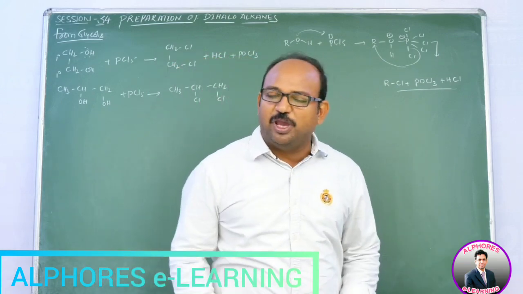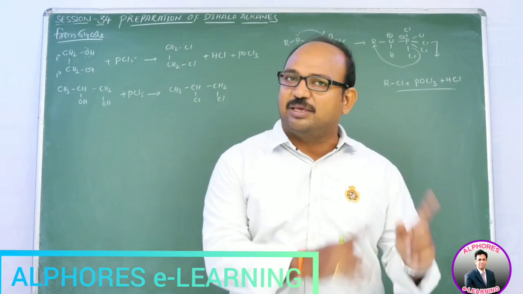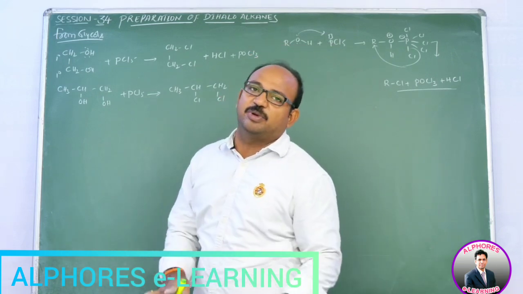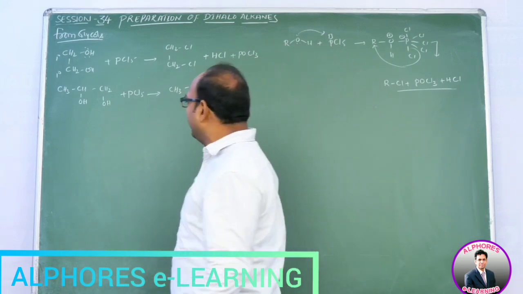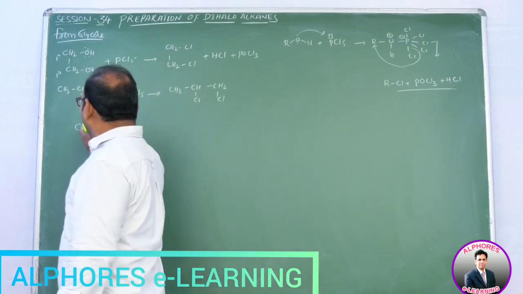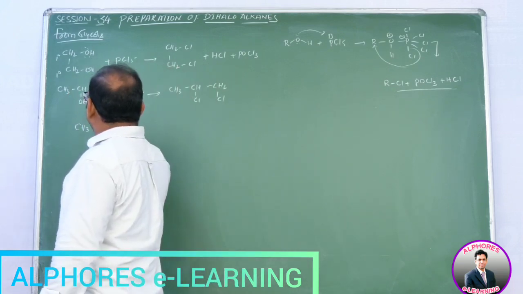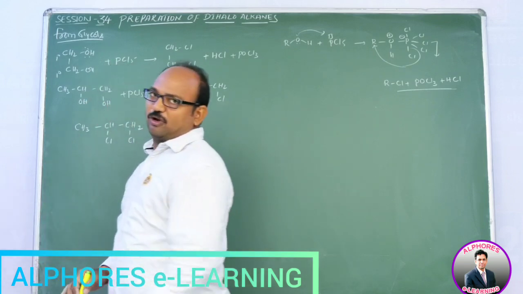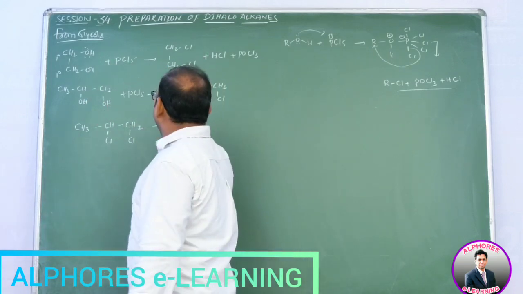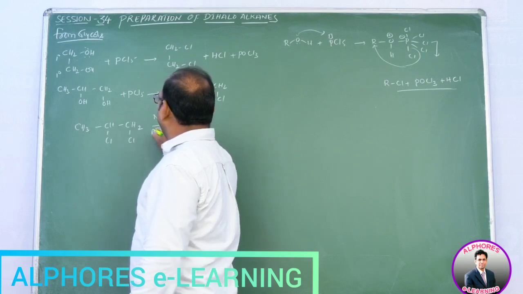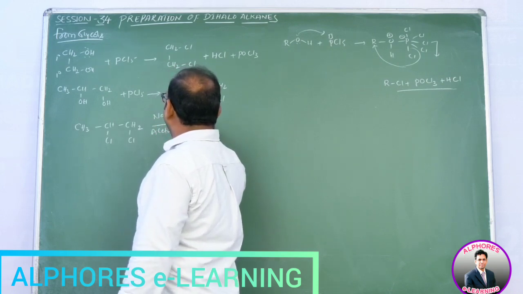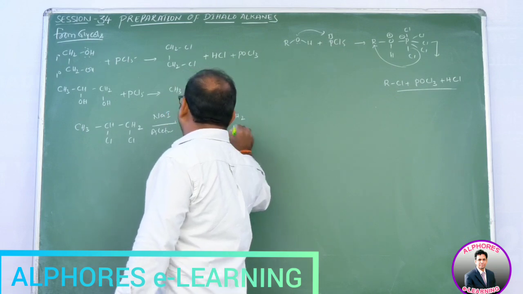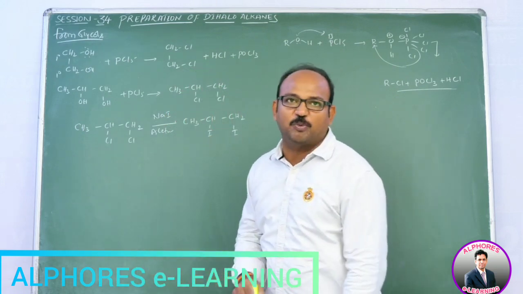If you want to prepare 1,2-diiodoalkane, then you have to follow the halide ion exchange method. But there is one difficulty. For example, 1,2-dichloropropane upon the halide ion exchange method with NaI gives CH3CHI and CH2I, that is 1,2-diiodopropane.